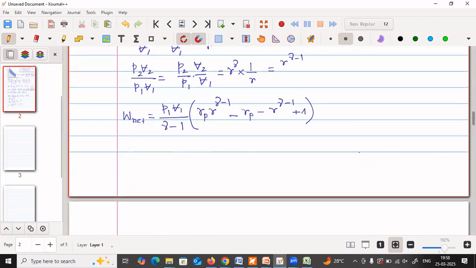Next, we can take Rp as common from these two.